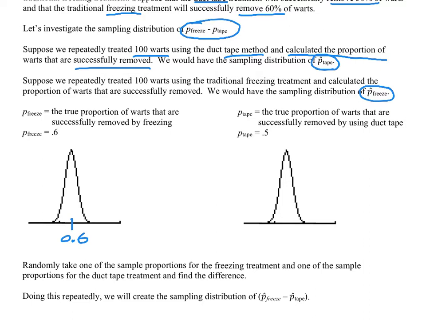Recall that the standard deviation for that would be, and the formula is radical PQ over N. So P is 0.6, Q is 0.4, and we did this for a sample of 100. Remember, the standard deviation for a proportion is radical PQ over N. The standard deviation for the number of successes is radical NPQ.